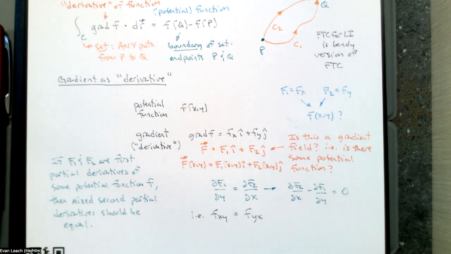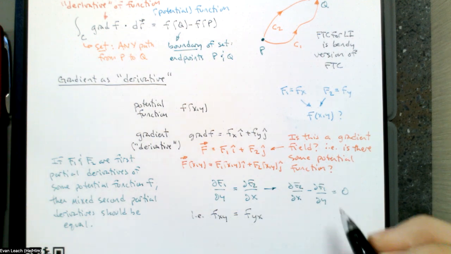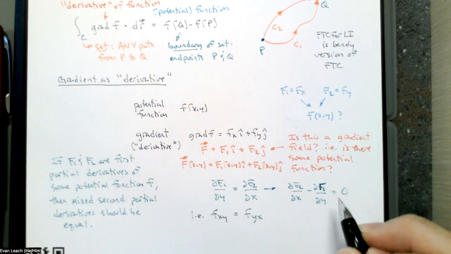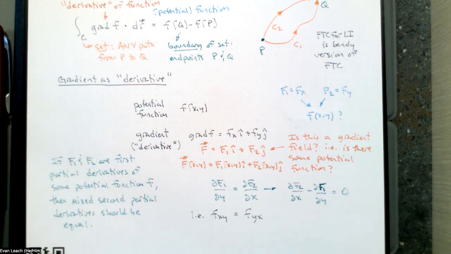And the reason that I want to gather these things up is that the partial of f2 with respect to x minus the partial of f1 with respect to y has a name. This is the curl of the vector field. This is the scalar curl, so it's only going to work on vector fields with two variables.